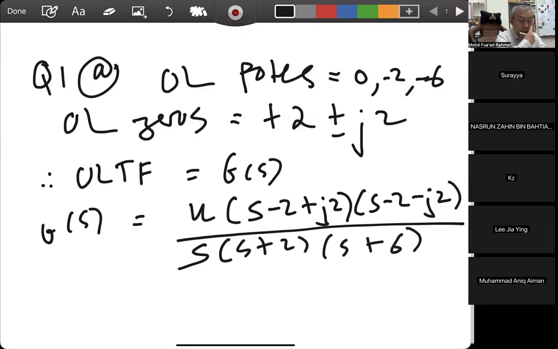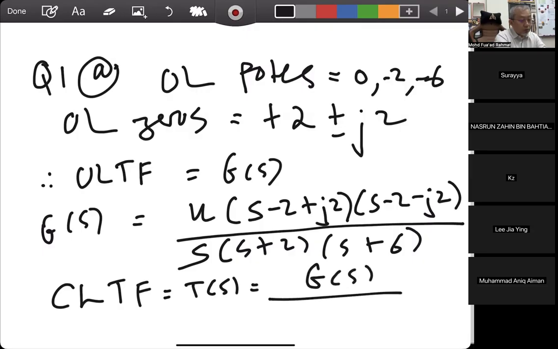Okay. And the closed loop transfer function is G(s) over 1 plus G(s).